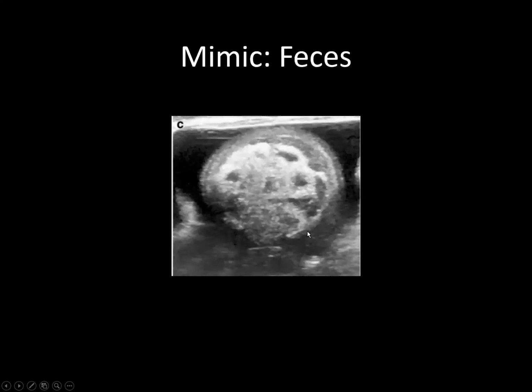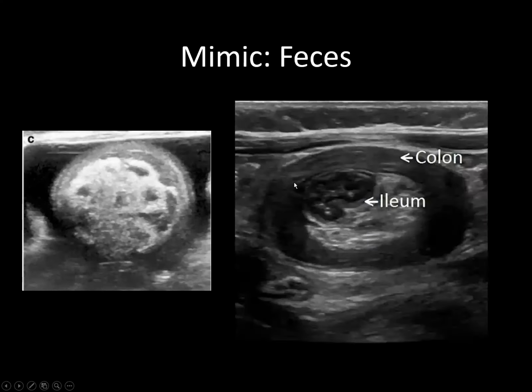Another mimic is just feces that's pretty prominent, distending the colon, perhaps fecalized small bowel. So this is what it can look like. There's some free fluid outside. But again, compare that side by side with the ileocolic. Hopefully you have some good CNS from the tech.